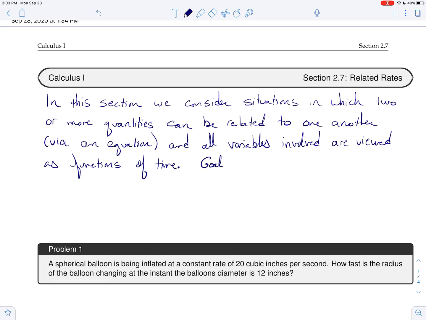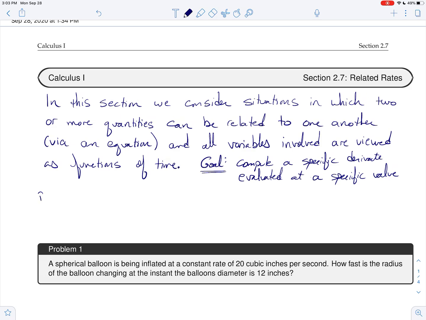So our goal in these sections is to compute a specific derivative or rate of change, if you will, evaluated at a specific value. And you'll see what I mean.